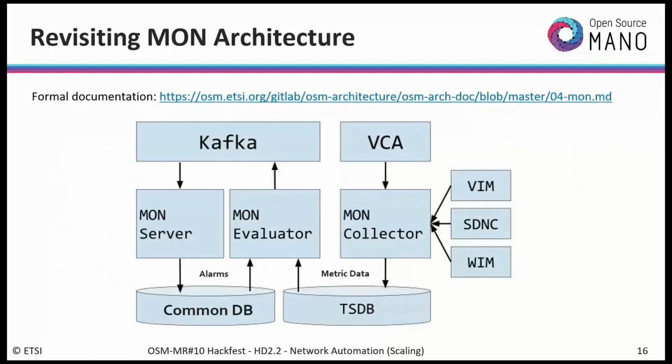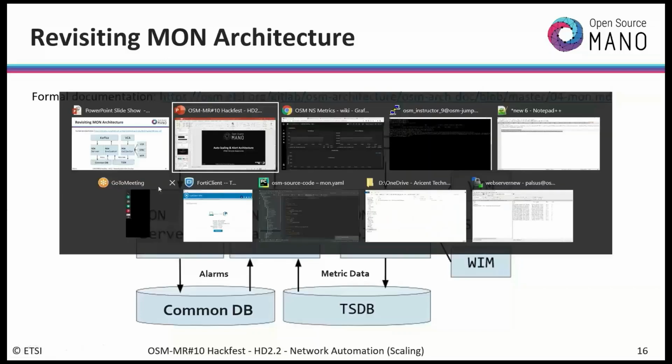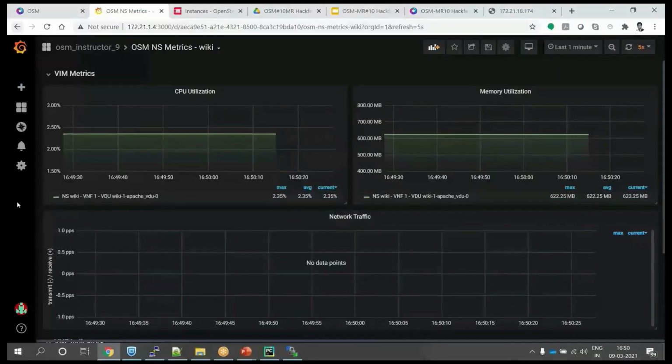So with this, maybe we can see some of the architecture details of MON and POL, which is actually helping you to achieve these scaling and alerting functionalities. But before that, let me have a quick look whether I have got the CPU. Yes, the CPU has also started coming in.